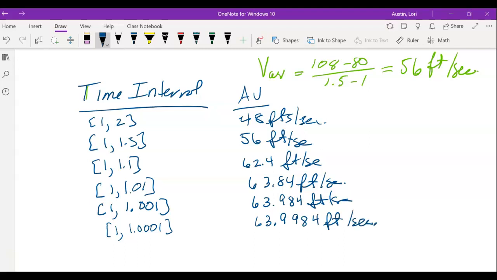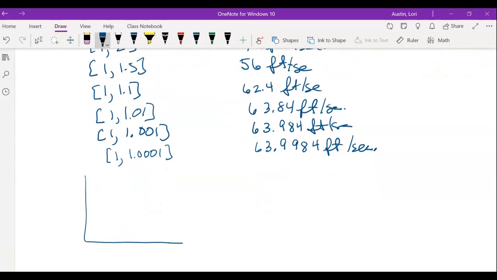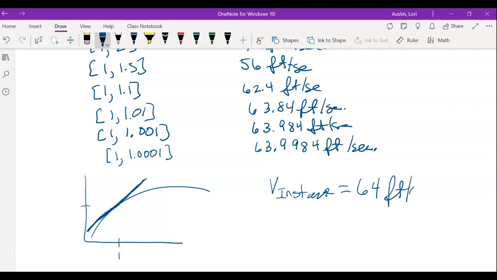In fact, if we were to continue this, if I went to 1 and found the slope of the line at that point, the instant velocity would be about 64 feet per second.